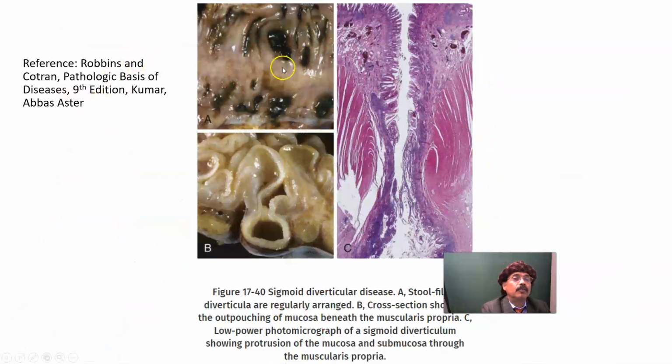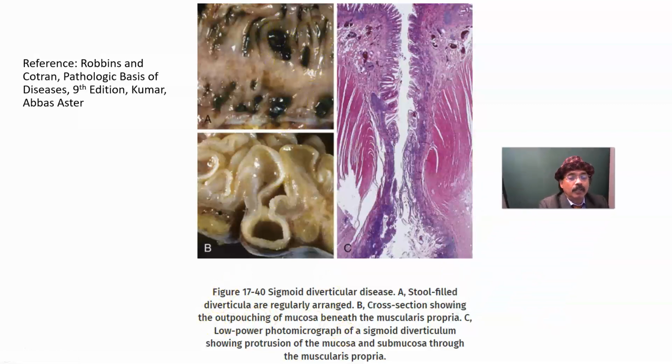This image has been taken from Robbins Pathology. We are looking at stool-filled diverticula. These are stool in the diverticula, and the cross-section shows outpouching of mucosa beneath the muscularis propria.